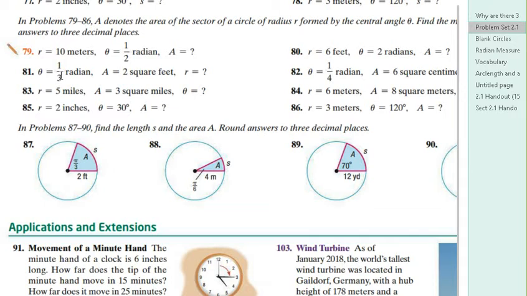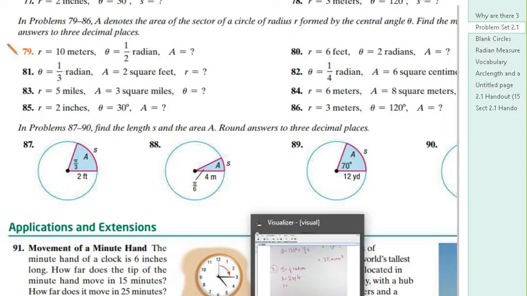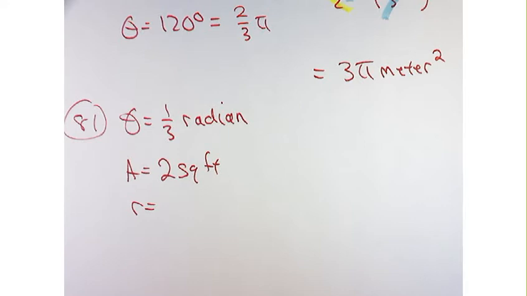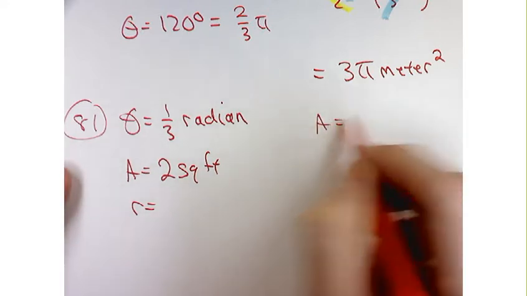The area is 2 square feet, and we want to know what the radius is. So we're working this problem in a slightly different direction. That's okay. We can still do that. Let's fill in what we know and solve for what we don't know.